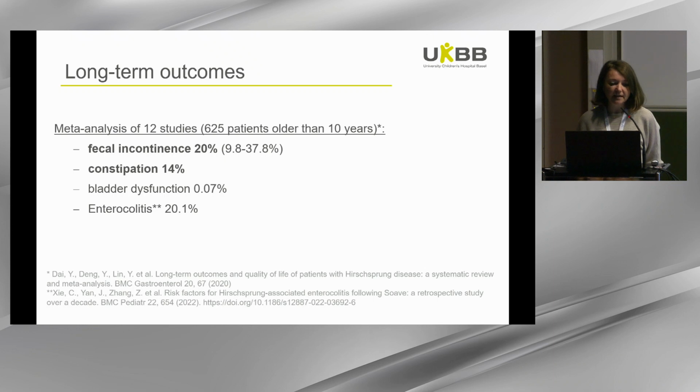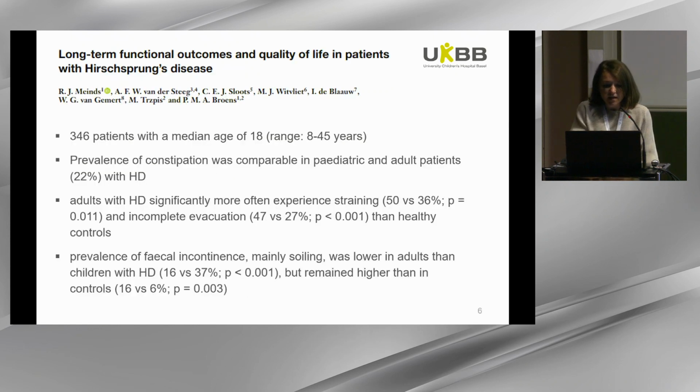So we have fecal incontinence in about 20% of the patients and constipation in 14%. Here we have another European study, and they compared adult patients to pediatric patients. And interestingly, they showed that adult patients more often experience straining and incomplete evacuation, and they had much lower rates of soiling compared to the children.